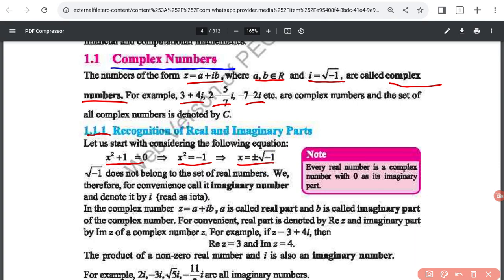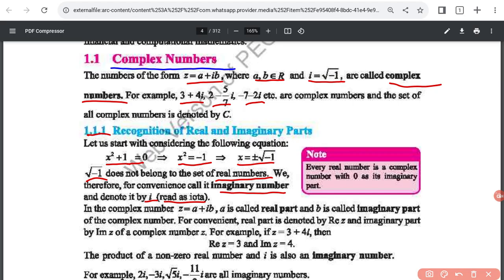So x is equal to plus minus square root of minus 1. The square root of minus 1 does not belong to the set of real numbers. So therefore, for convenience, we call it an imaginary number and denote it by iota. Read it as iota.